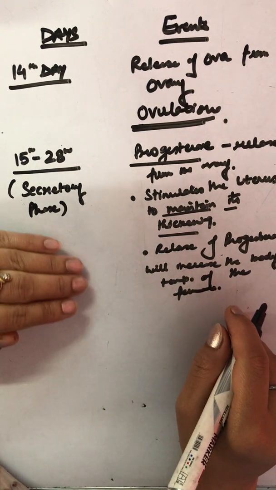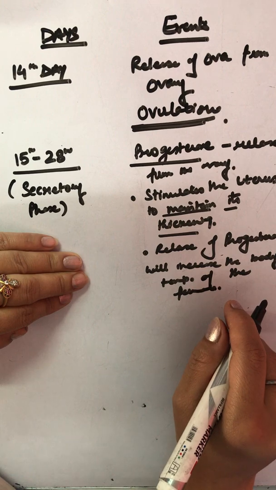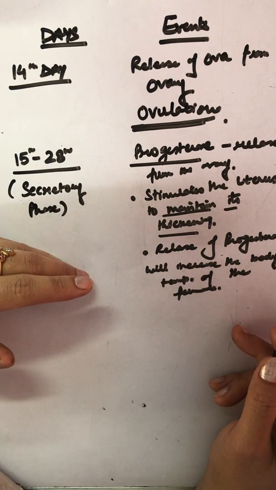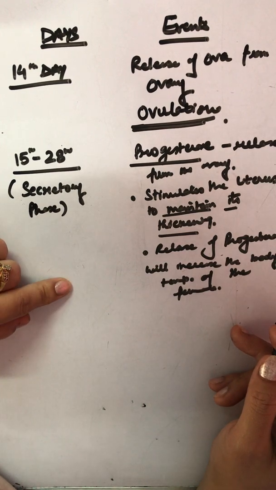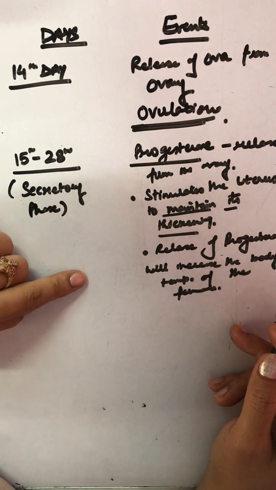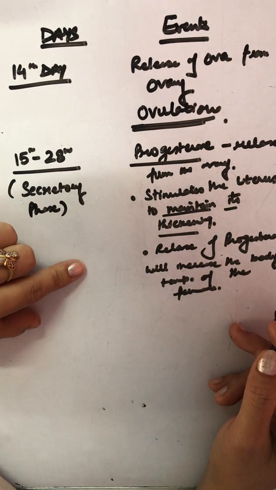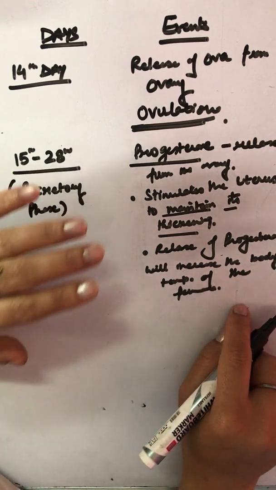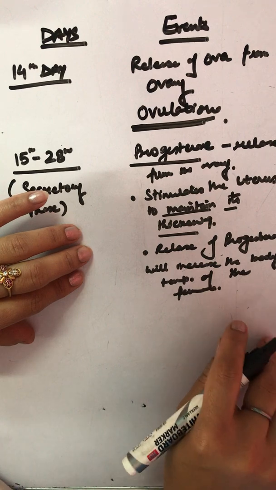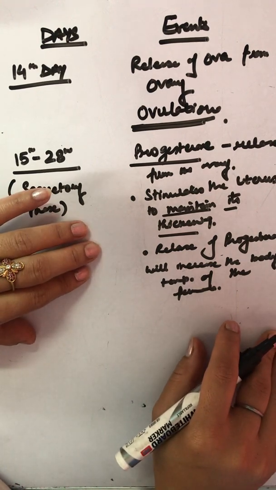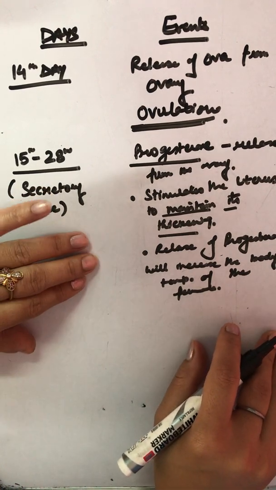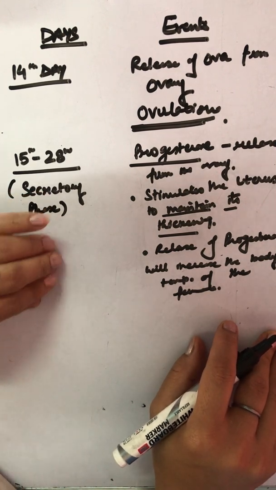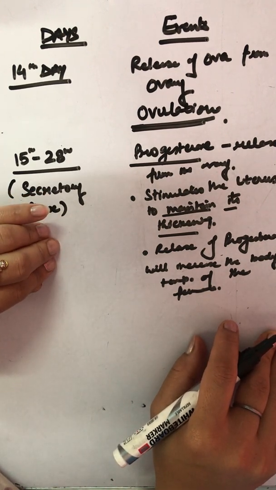Means they further help in proper implantation of the fetus if fertilization takes place, because then only the embryo development and the embryo attachment will take place in the uterus. Clear? The normal functioning of the ovary and uterus stops during pregnancy. This you have to keep in mind. Ovulation is stopped and then menstruation gets stopped till the birth of the offspring.